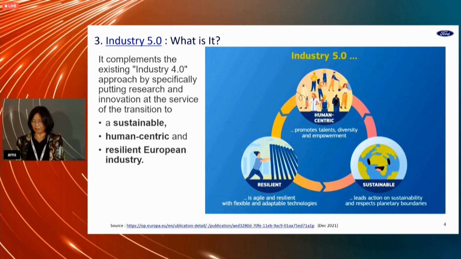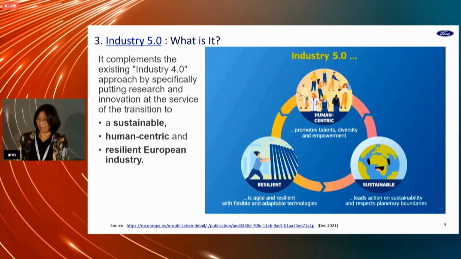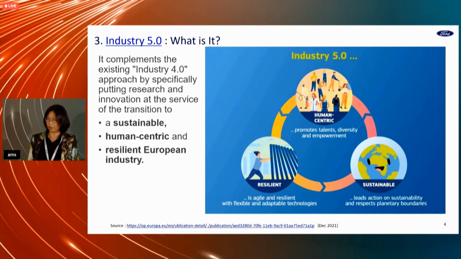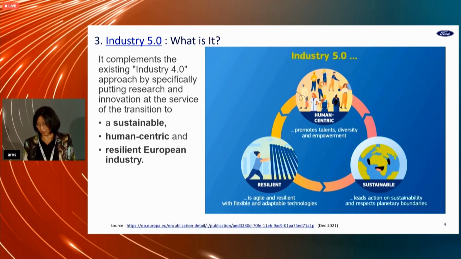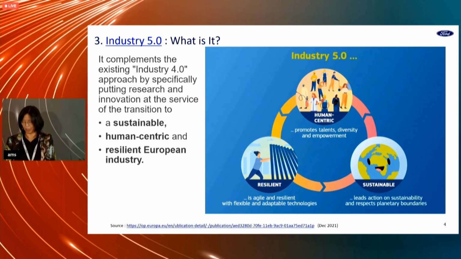The second element is human-centric, which promotes talent, diversity and empowerment. And the third element is resilient: agile and resilient with flexible and adaptable technology.